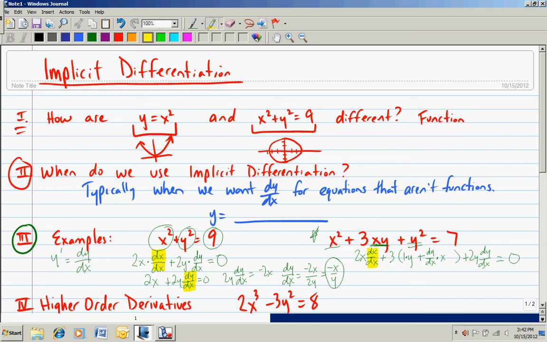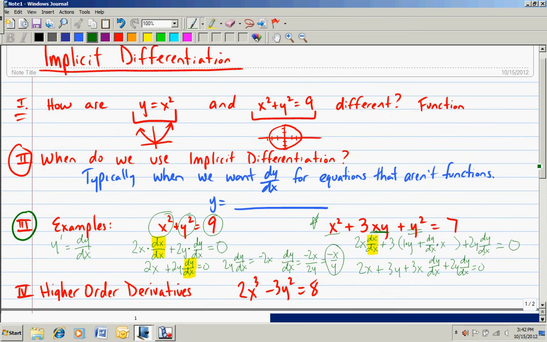A reminder, dx/dx is simply 1, so we've got 2x plus, I'll distribute the 3, y plus 3x dy/dx plus 2y dy/dx equals 0. And now we want to solve by getting dy/dx all alone.